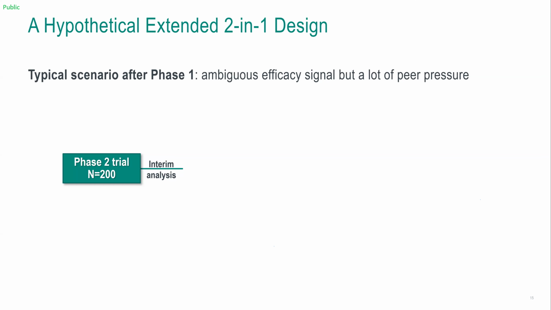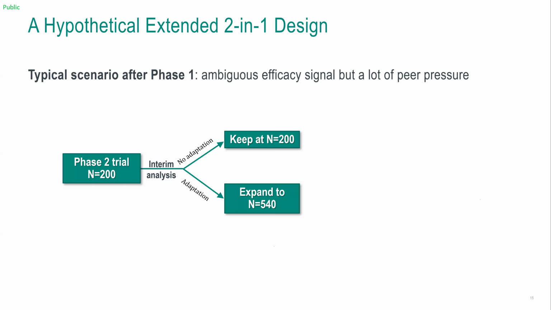And take a look at the data. If the data meets the adaptation criteria, you expand to a larger study. Otherwise, you keep on going. It doesn't necessarily mean that your study is going to fail. It's just that based on various considerations, you don't want to take the risk.